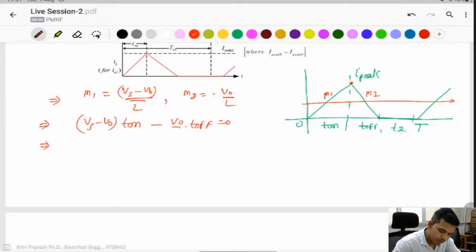Then we find T off equals (Vs minus V naught) divided by V naught into T on.